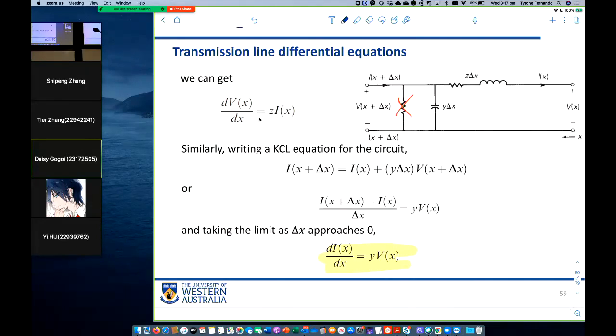So dI dx must equal YVx. We have two equations and two unknowns: V, the voltage, and I, the current. Vx and Ix are the unknowns, and we have written two differential equations to solve.